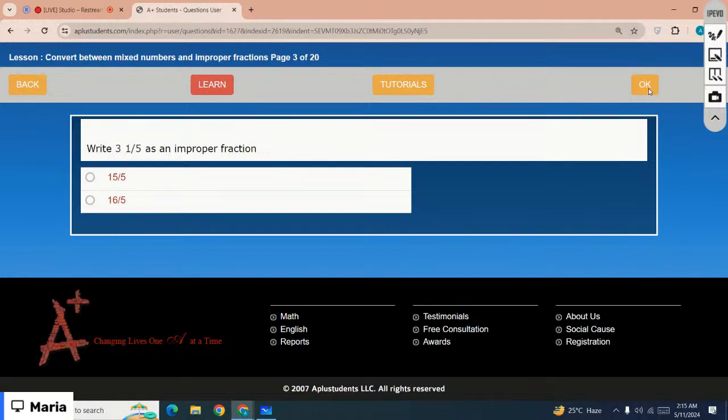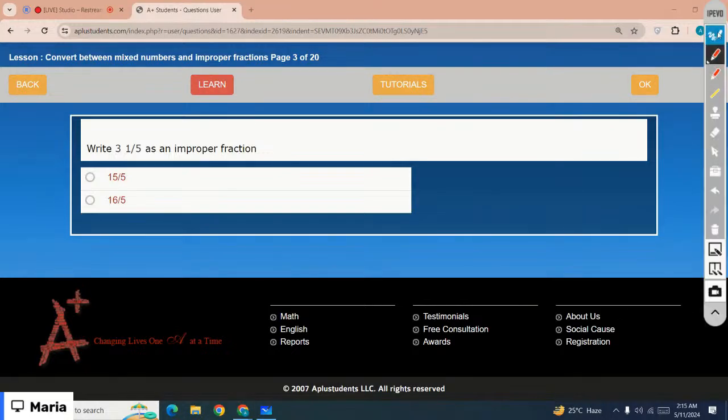That is right. 3 whole 1 by 5. 3 whole 1 over 5. So the whole number is 3 over 1. Multiply it by the denominator of the original one. So that is 15 by 5. Now add 15 by 5 and the fractional part of the question.